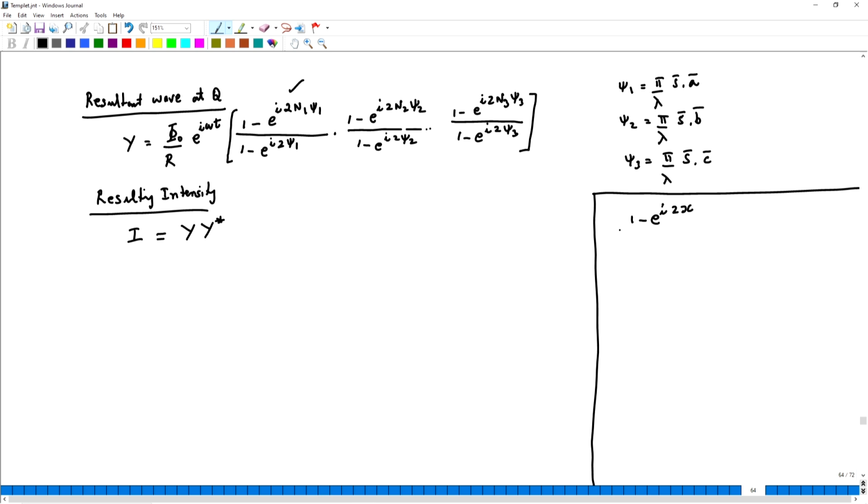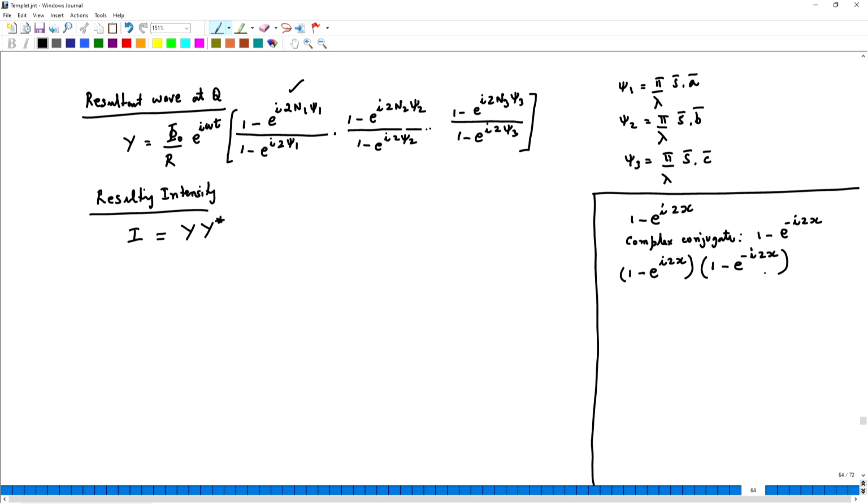So, if I look at this complex function, its complex conjugate would simply be 1 minus e to power minus i 2x. Now, if I take these two terms, 1 minus e to power i 2x, and multiply it by its complex conjugate 1 minus e to power minus i 2x, let us see what we get.